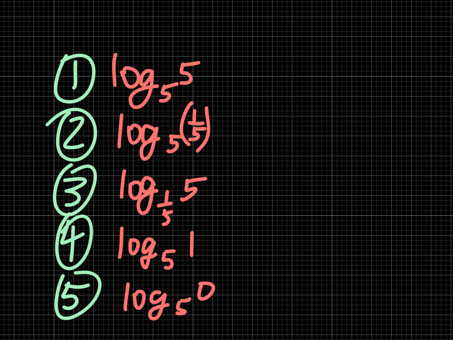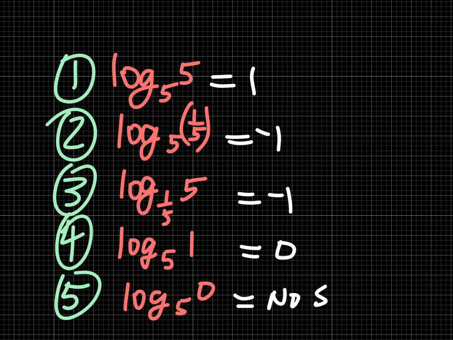Okay. Here's your answer bank. 1, -1, -1 again. You won the argument, you get nothing. And what if there's a 0 there? No solution. All right, cool.